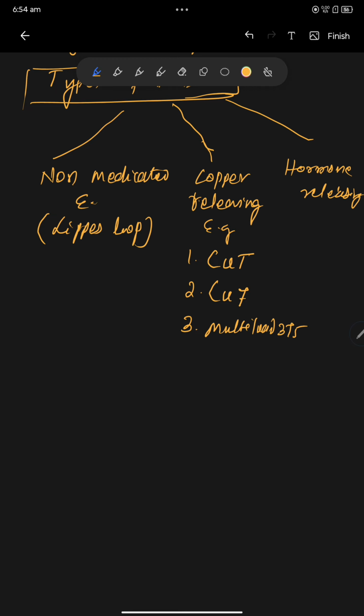Now hormone releasing IUDs, they are progestasert, then another one is LNG-20.